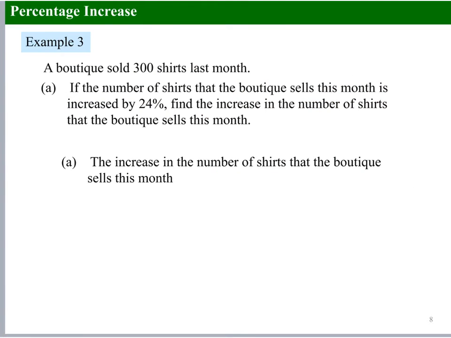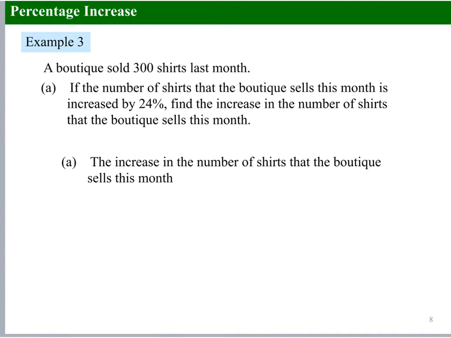I'm going to show you one more example. A boutique sold 300 shirts last month, and the percentage increase is now 24%. And we need to find the increase in the number of shirts that the boutique sells this month. All right.